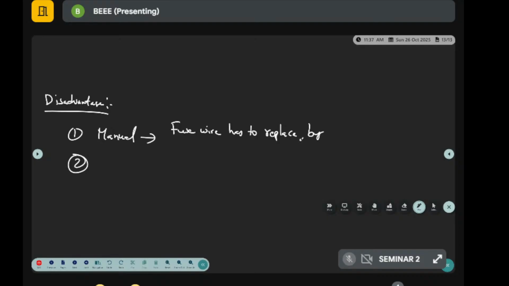Next one, these fuses are not very expensive, but because we are not using manual, we have to use automatic. Maybe cost also, when compared to other circuit breakers, cost is high.